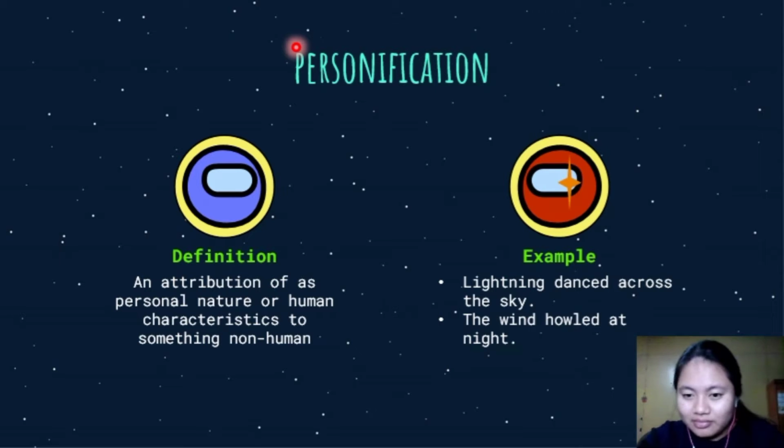Lightning is not dancing literally, but it is used in a literary way to show that the lightning appears across the sky.